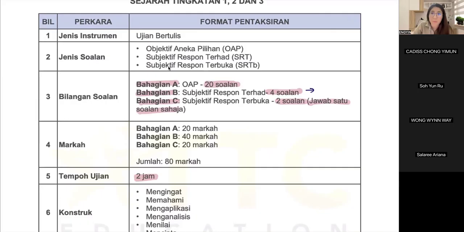So you can just remember like this: for the structure question, each sub-question is normally 2 to 4 marks, minimum 2 marks, maximum 4 marks, right? There are 3 parts. Then for Bahagian C, it is 6 marks to 8 marks.